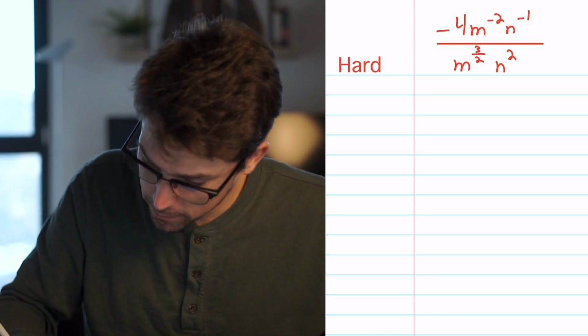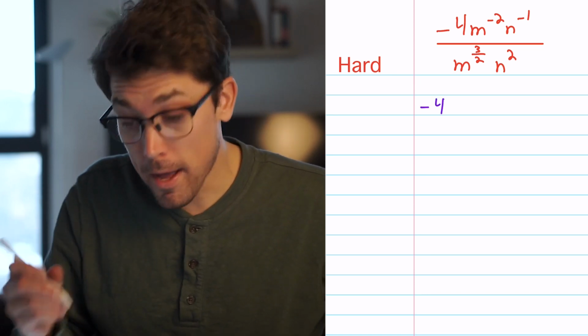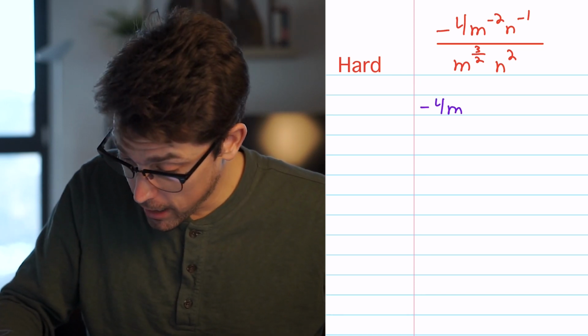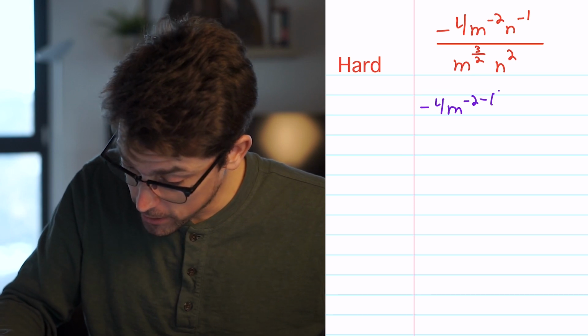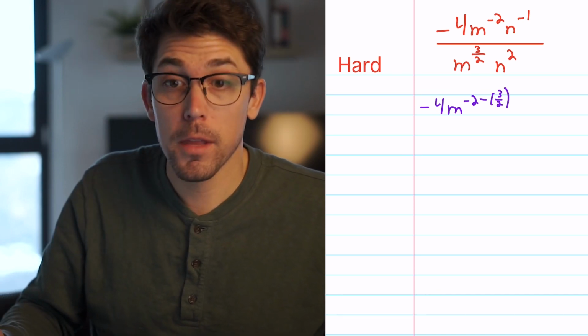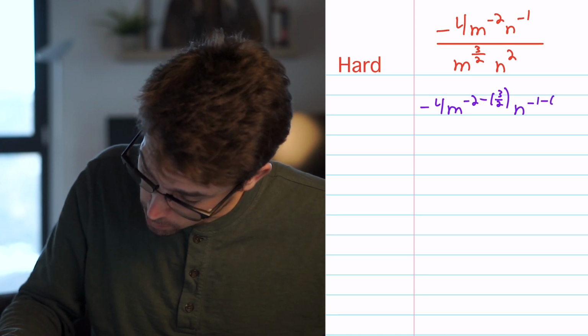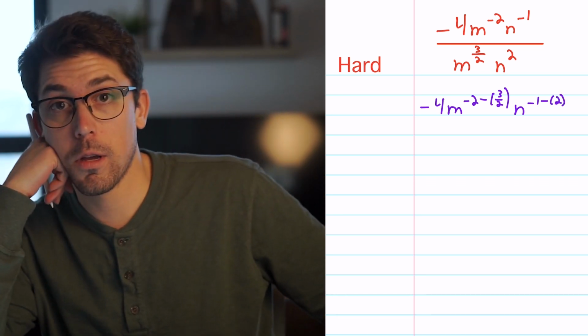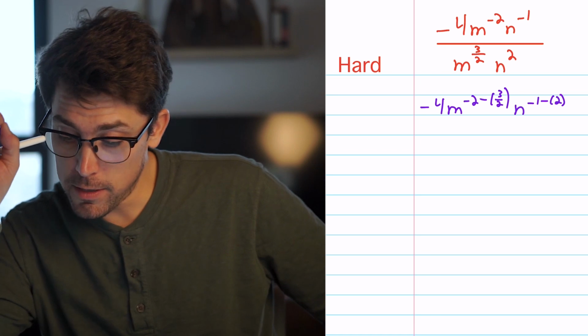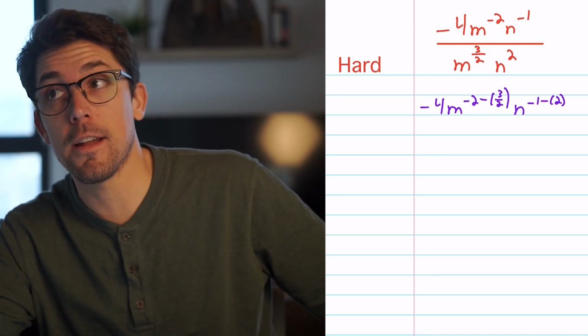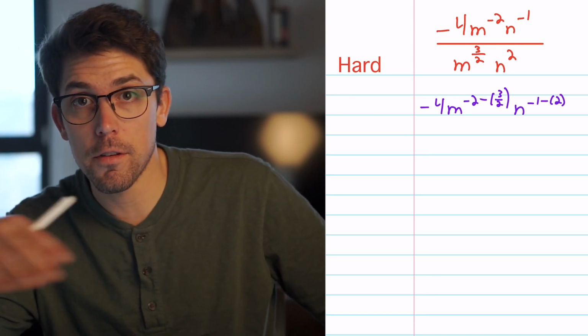So let's rewrite this as one base, m, negative 2 minus that quantity 3 over 2. And then I have n to the power of negative 1 minus that quantity positive 2. Okay, so again, whatever is in the numerator, subtracted by whatever is in the denominator. It doesn't matter if it's negative or positive, just subtract the 2.